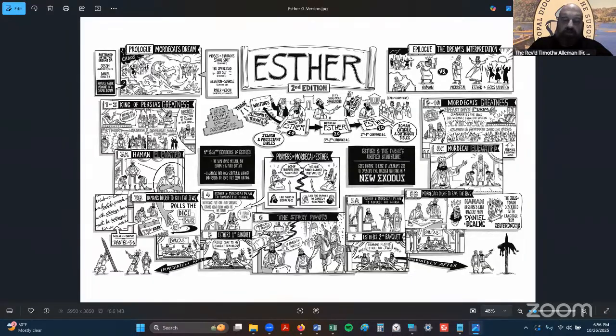In between, in chapter 6, the story pivots, because you see there was this moment where a couple of servants, eunuchs to the king, had attempted a coup, had attempted to kill the king. And Mordecai had revealed this.